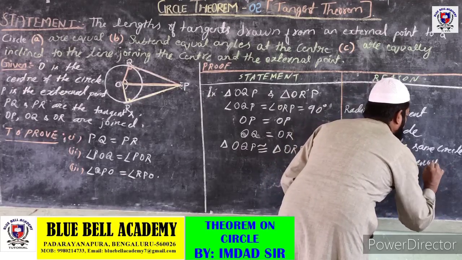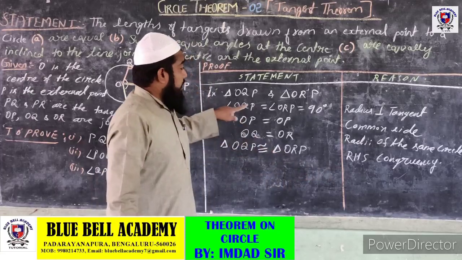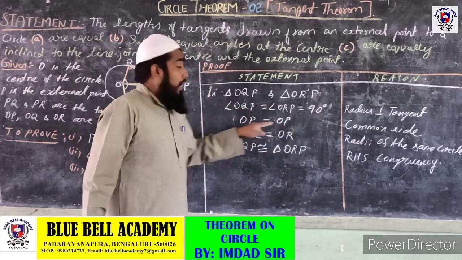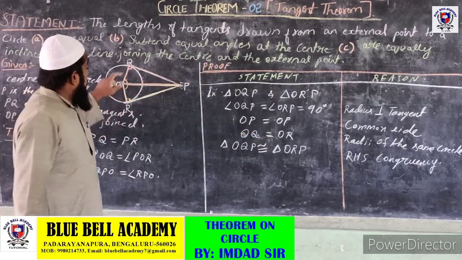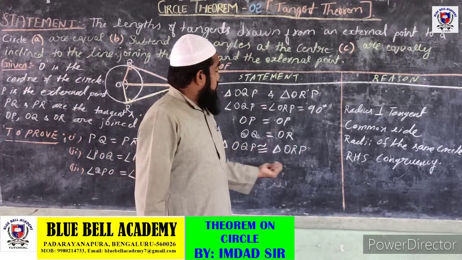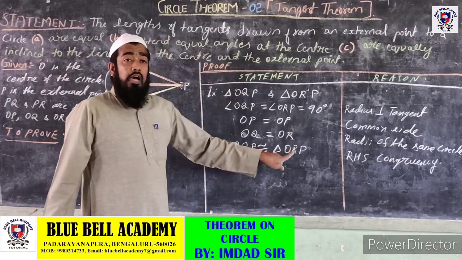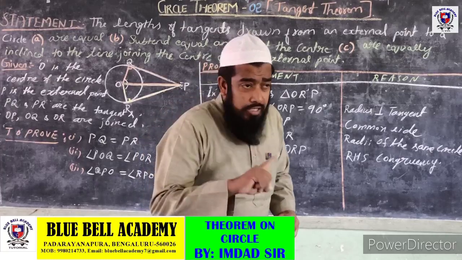It is already there in the 9th standard, what is this RHS congruency? R refers to a right angle, H refers to the hypotenuse. OP is the hypotenuse for both the triangles and OQ is one of the sides. So it is based on RHS congruency. We came to know both the triangles are congruent, of the same shape and same size.